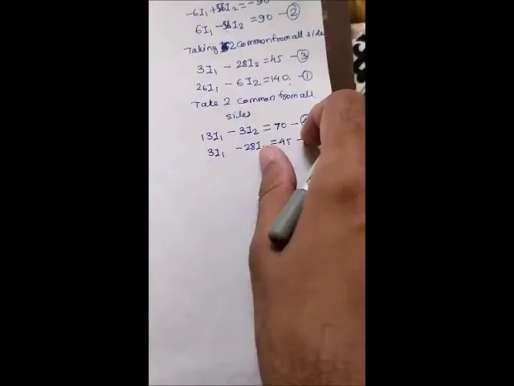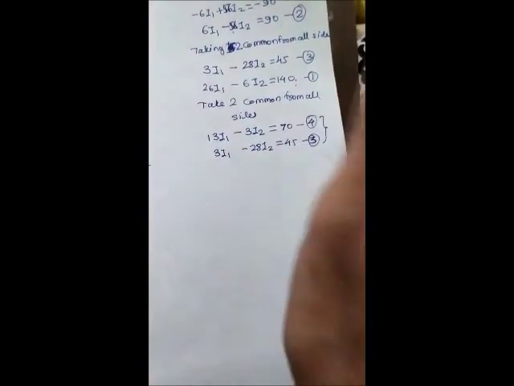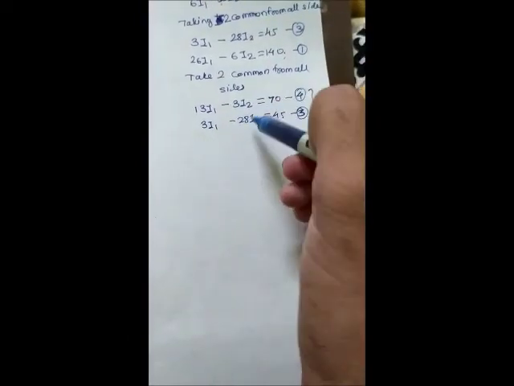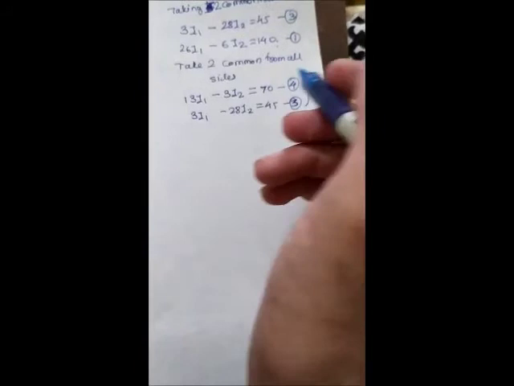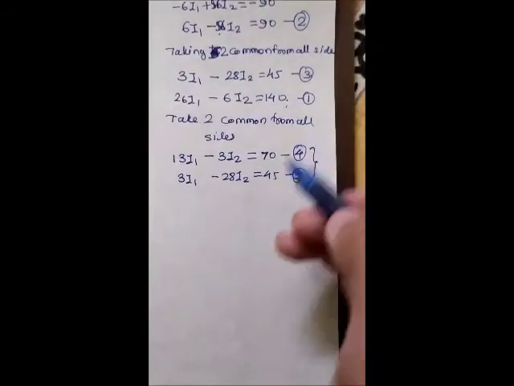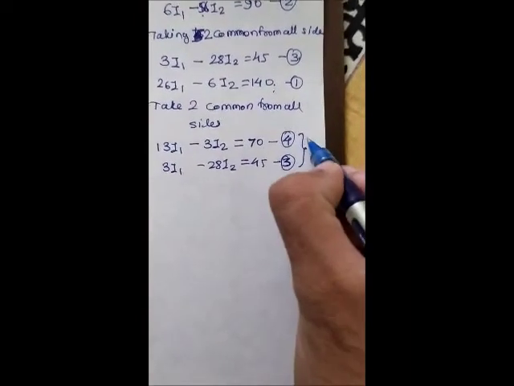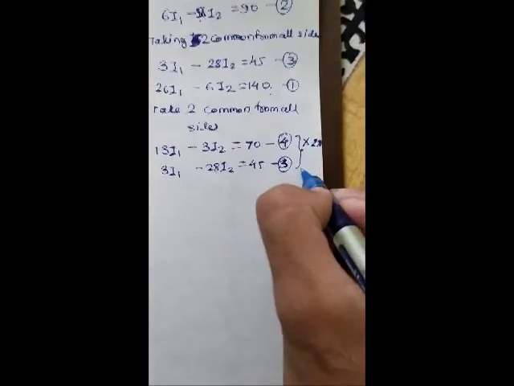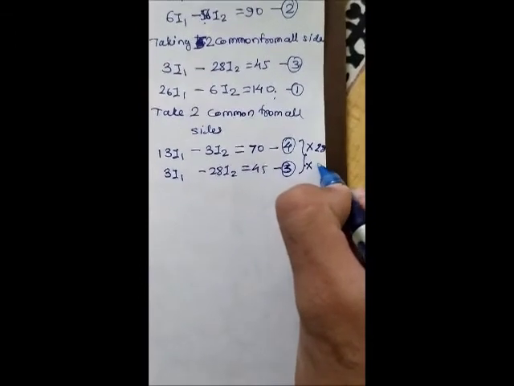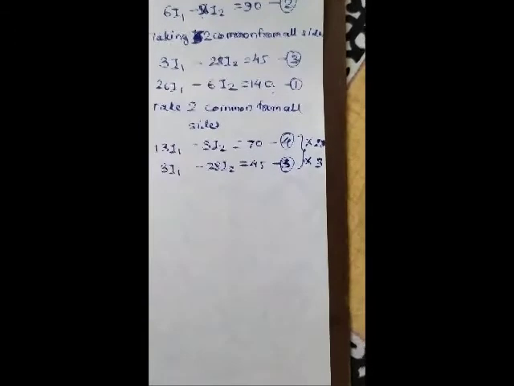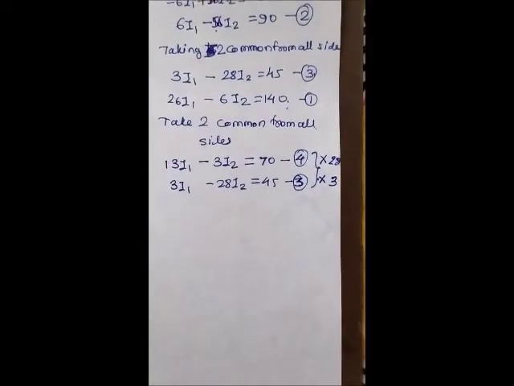So to cancel out I1 or I2, multiply the equations by the coefficients. Now how to solve the given equation? Multiply equation number 4 by 28 and multiply equation number 3 by 3. You can do the multiplication in this way.